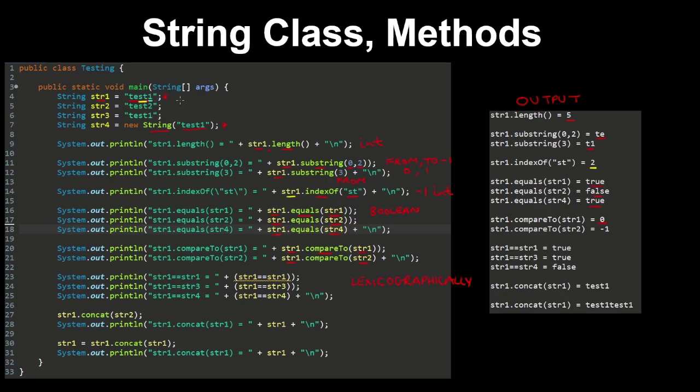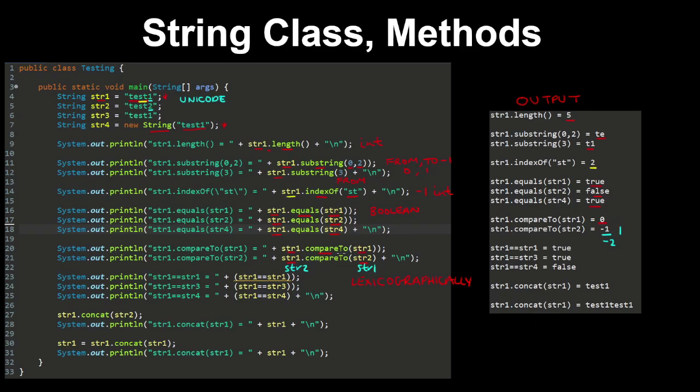And the character 1 has a Unicode value that's less than 2 by 1, and therefore str1 is 1 less than str2. So you get a negative 1 here. And for example, if you compare test1 with test3, then you get a minus 2 and so on. And if instead you compared str2 with str1, then you get a positive 1 instead.